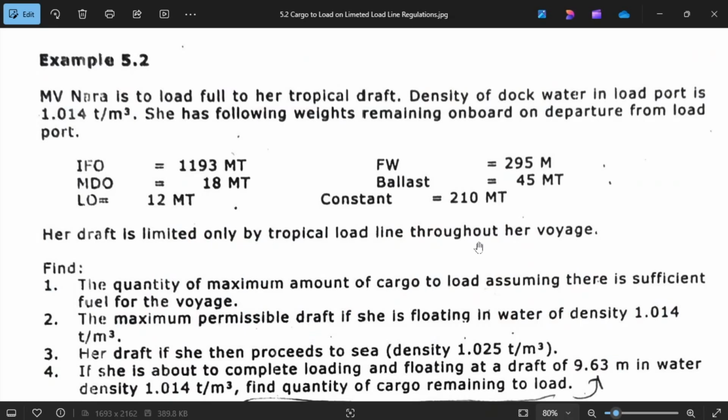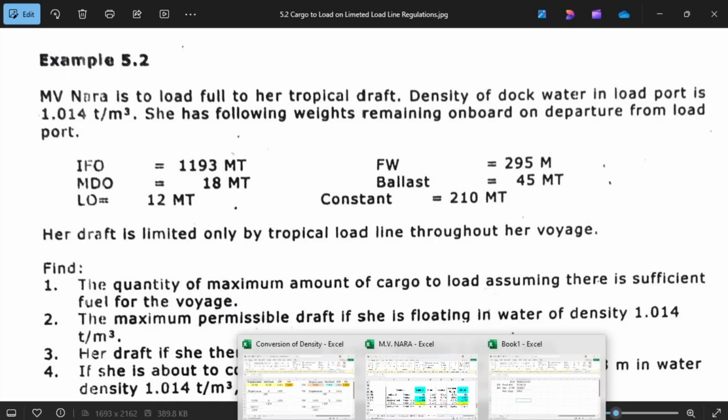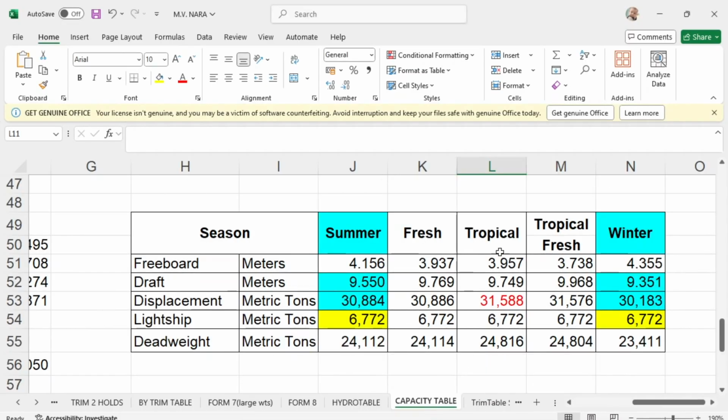Tropical load line throughout her voyage. So tropical meaning this tropical, not the tropical fresh, but this tropical season or load line, and the maximum draft is 9.749 and the displacement is 31588. So take note of these two, guys.